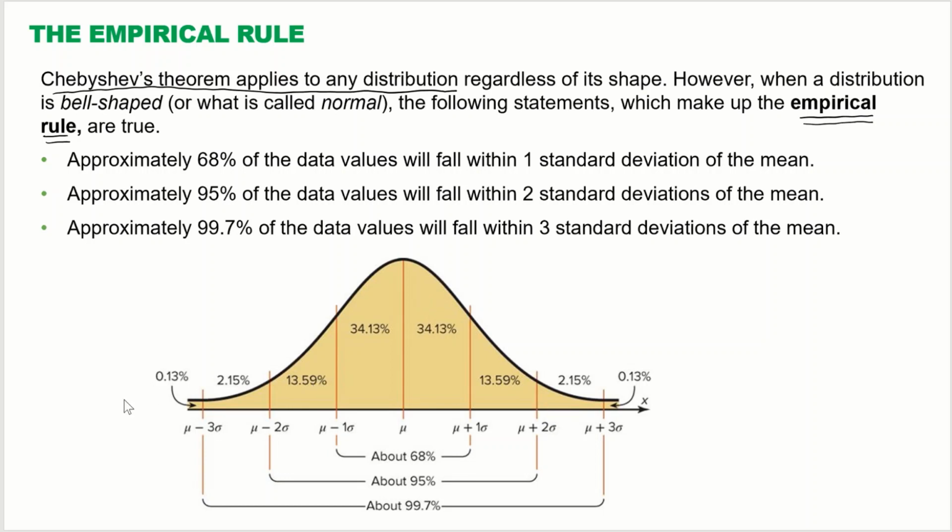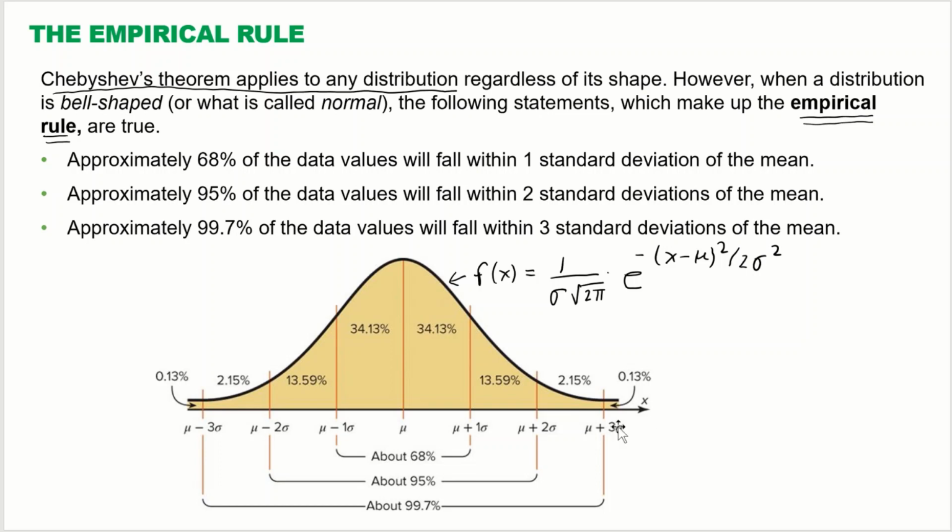For example, the equation for this graph here is, okay, this is quite interesting. It is f of x is equal to 1 divided by sigma, that is the standard deviation, times the square root of 2 pi, multiplied by the exponential function e raised to negative x, the variable, minus the mean, squared, over 2 sigma squared.